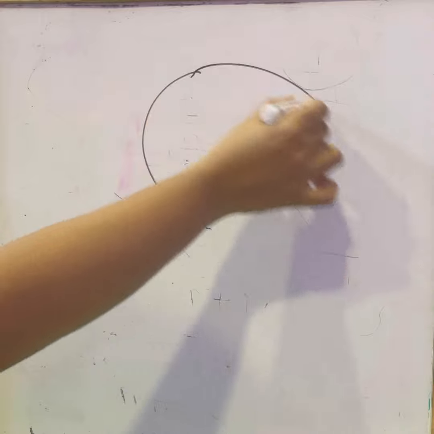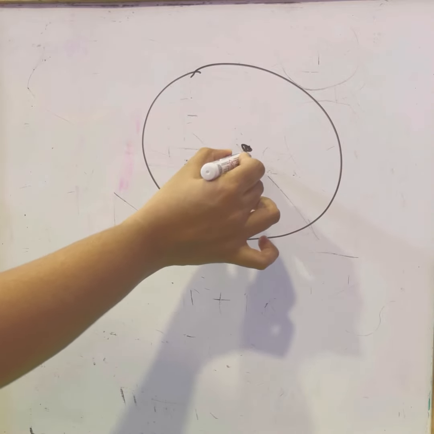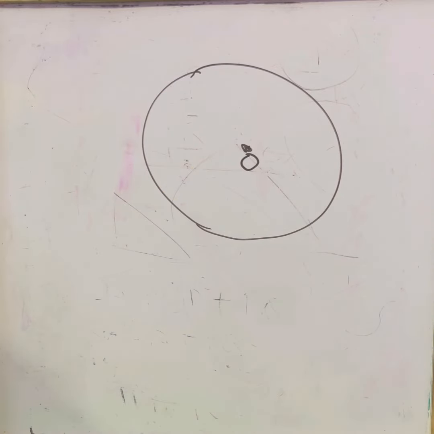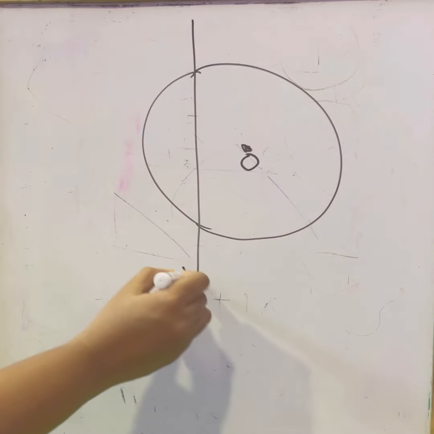Now coming to question number 4. Draw a circle and two lines parallel to a given line such that one is a tangent and the other is a secant to the circle. That is, here we have a circle. Let this be the center, and you have to draw a tangent and a secant, but the condition is both must be parallel. So first we will draw a secant here.